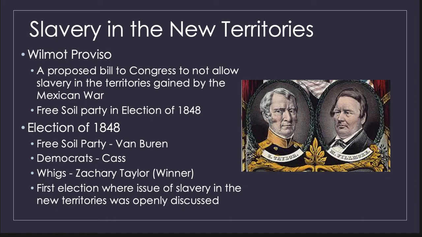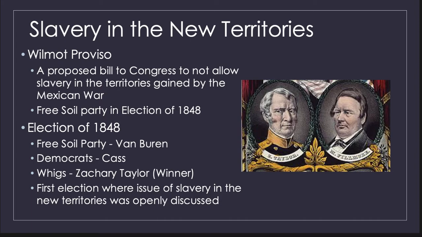And with this proposed bill, we're going to see the Free Soil Party come out in the election of 1848. The Free Soil Party forms, and it is exactly what you think it is, for the purpose of stopping the expansion of slavery. So this proposed bill leads us into a third party entering the election of 1848.